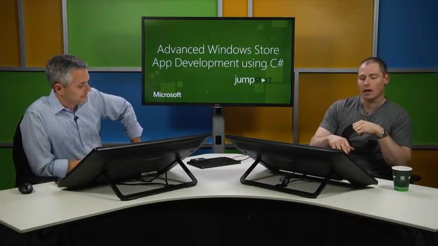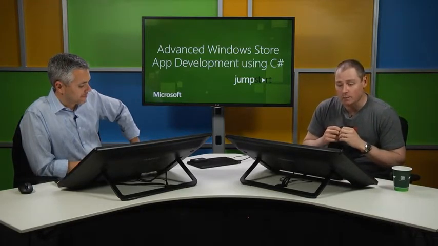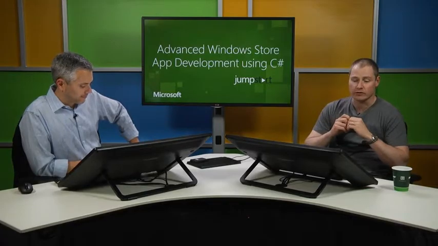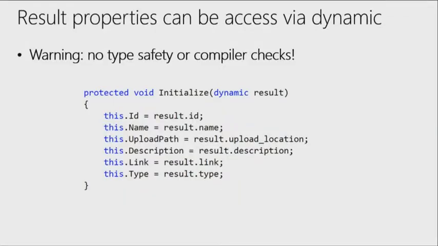Sure. So this is an example of how we can use that dynamic result to actually create a strongly typed value. This is an initialize method that's part of one of our strongly typed classes that takes in that dynamic result, and as you can see, result.id, result.name, you can see it's lowercase because, again, this is coming across as part of a REST API.